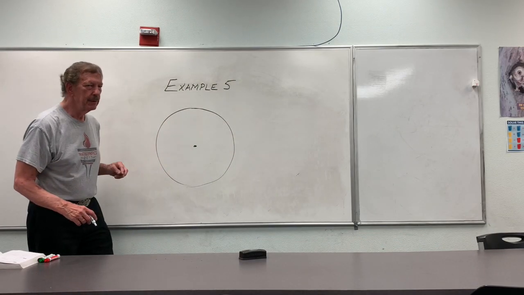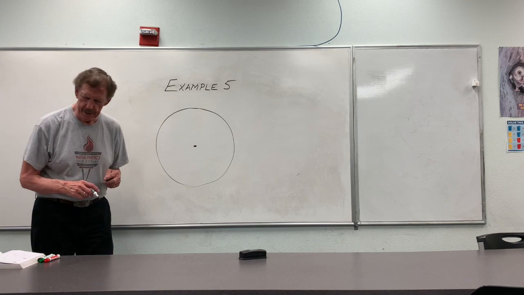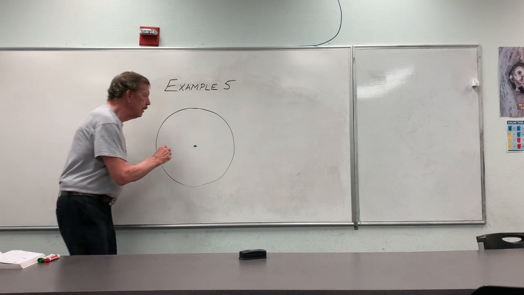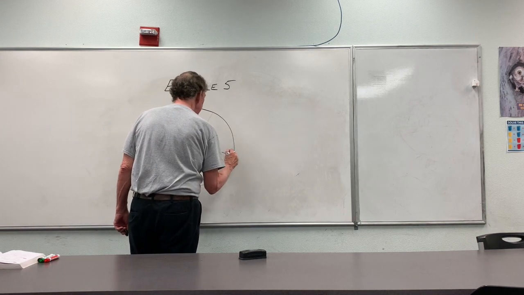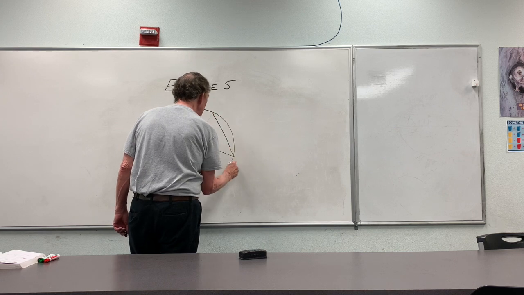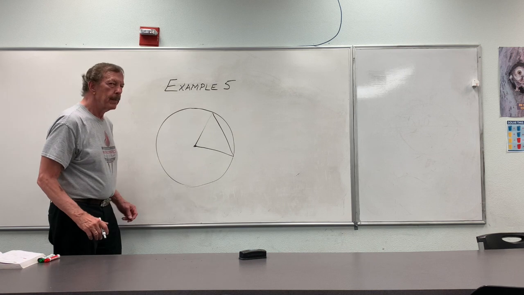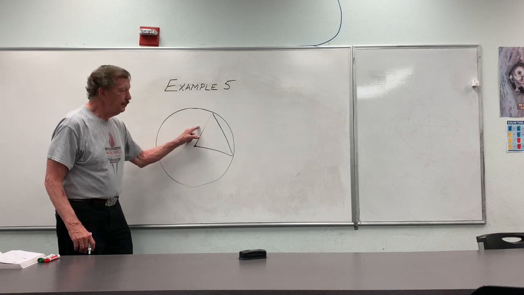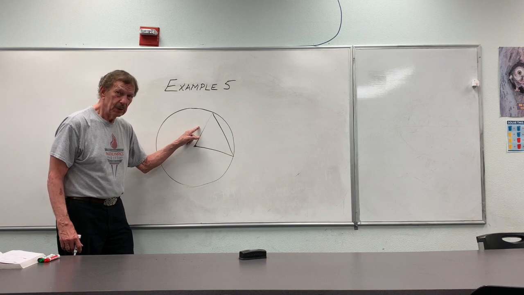In example 5, we're going to look at something a little bit different than we have in the past. Let's look at a triangle here. Now these two pieces are radii of the same circle.